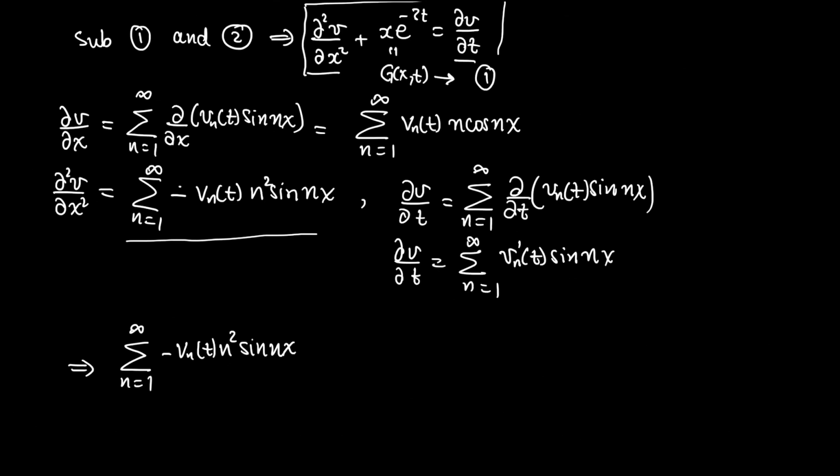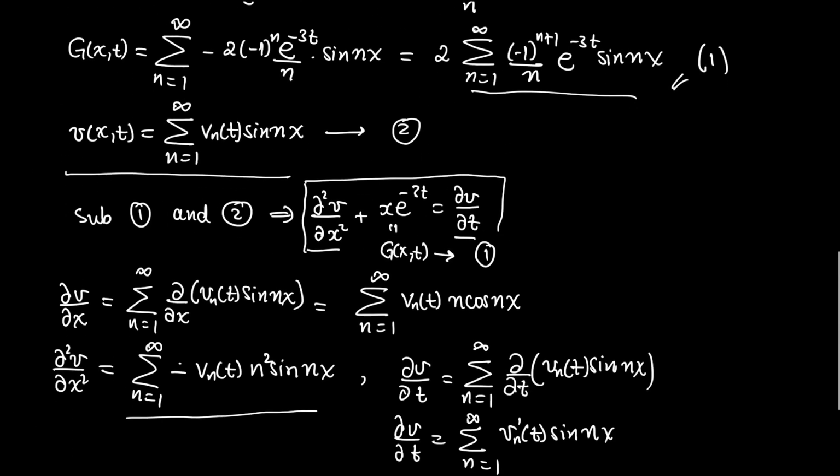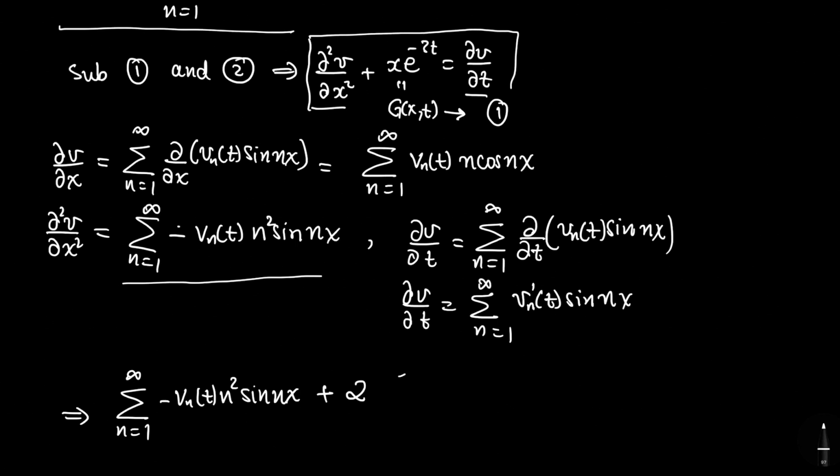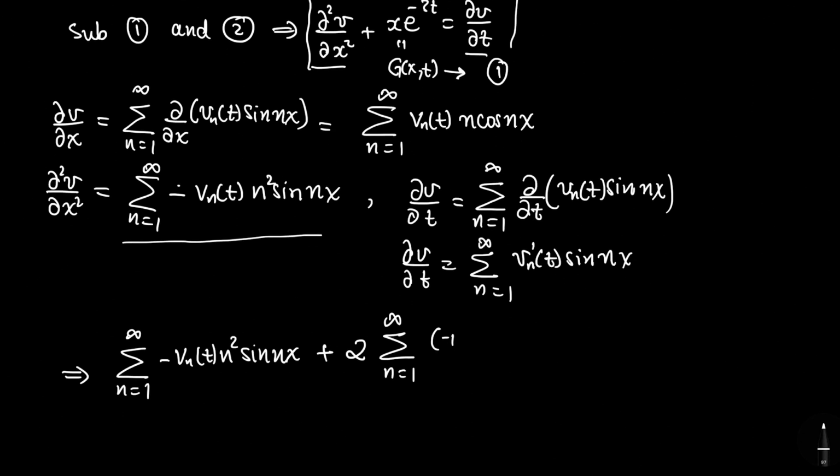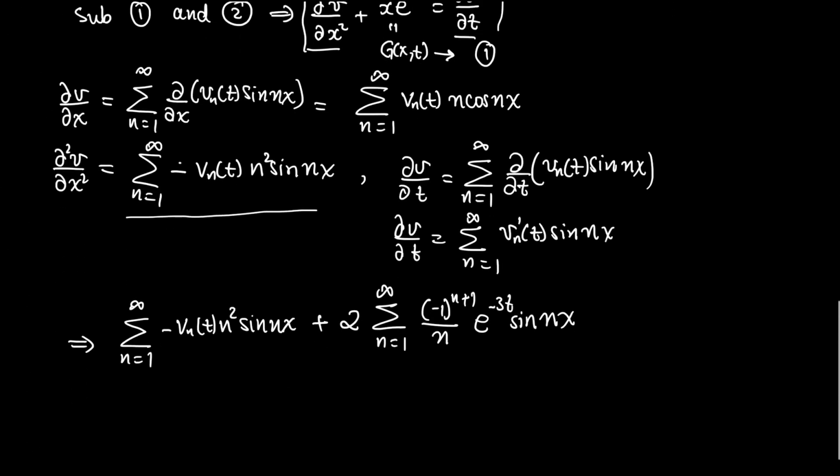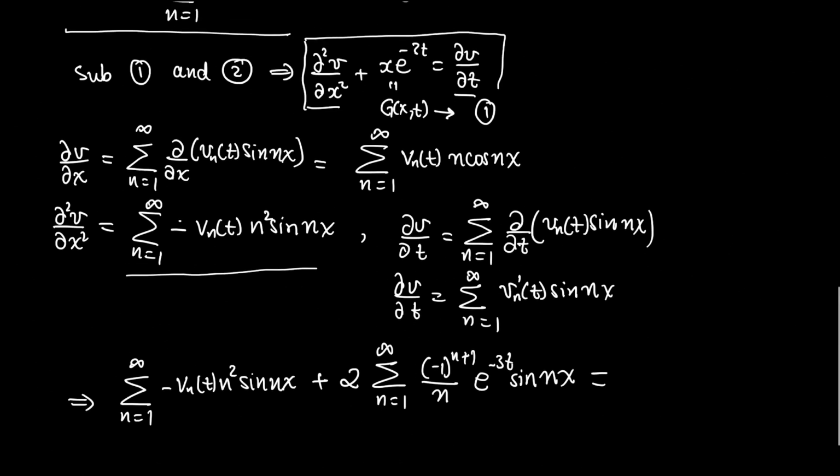Then I have plus g(x,t), which is the expression that I just solved, has to be equal to the partial of v over partial t times sin(nx), like this.